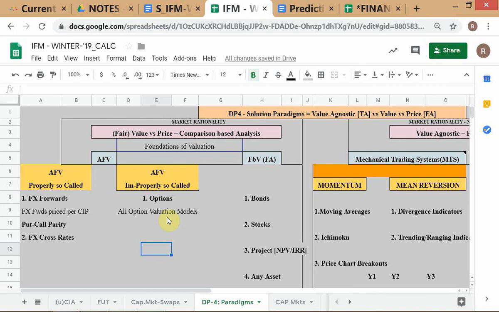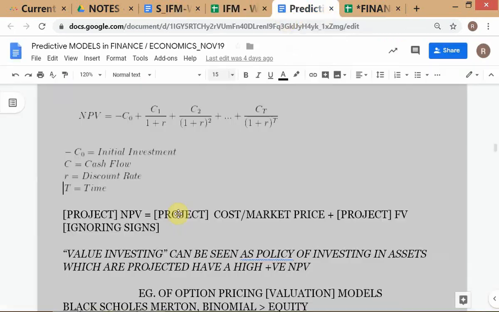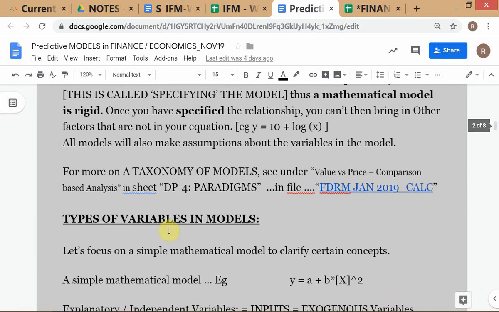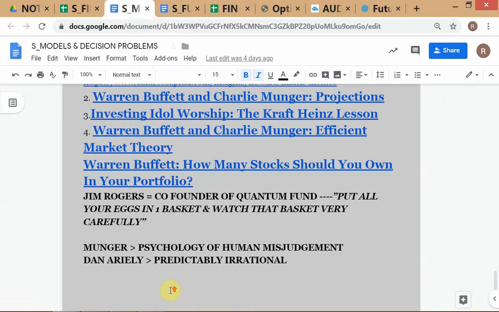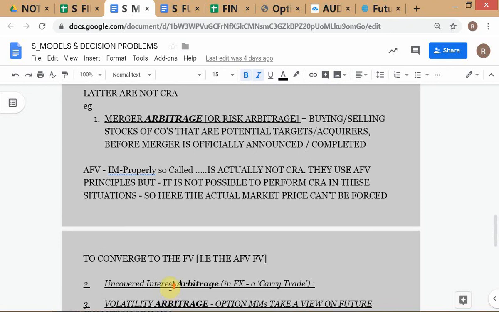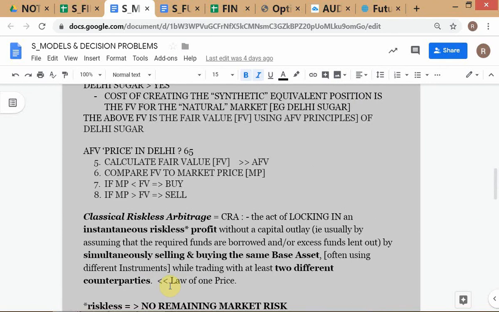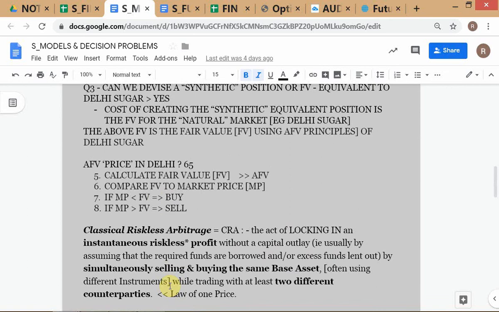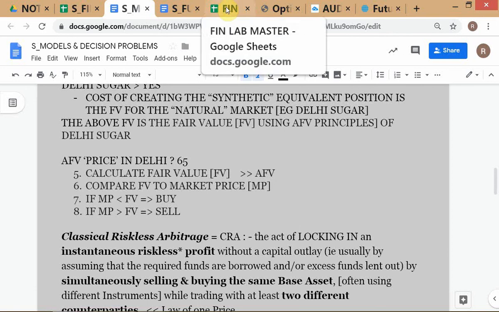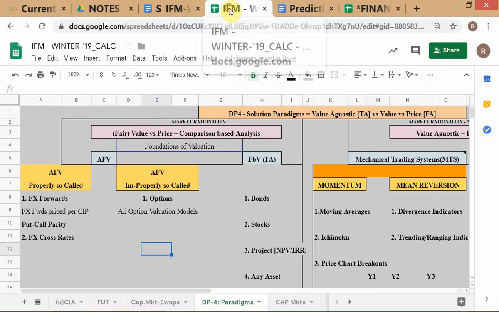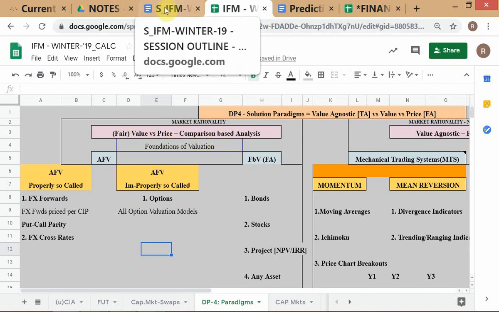So in this umbrella, what do you do? You compute the fair value. In all these models, in this set of frameworks, since this is falling under this, and everything that falls under this, what is the general framework that we are using?